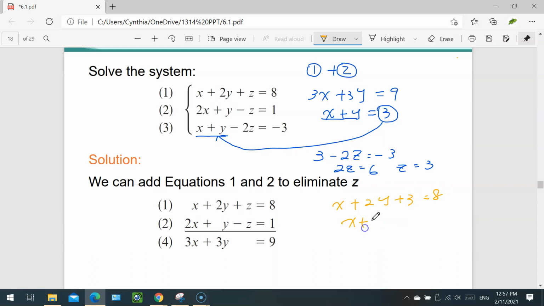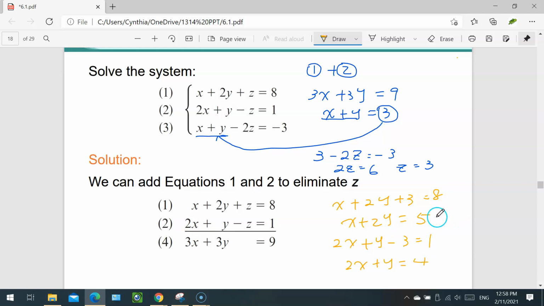So x plus 2y is equal to 5. Substitute z back into the second equation, I will have 2x plus y minus 3 equal 1. That means 2x plus y is equal to 4.